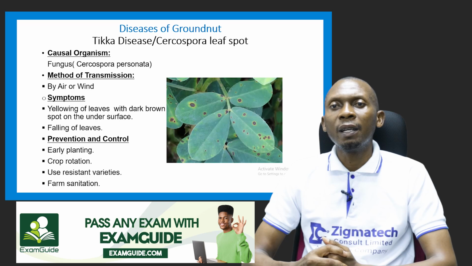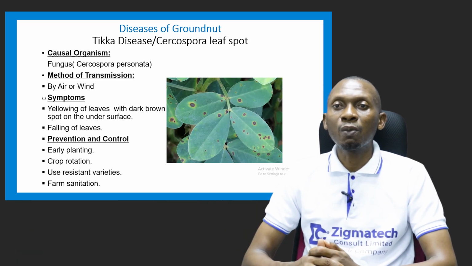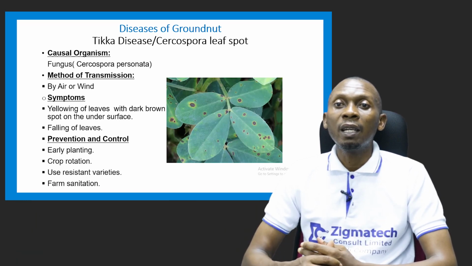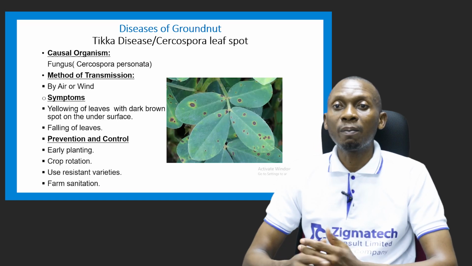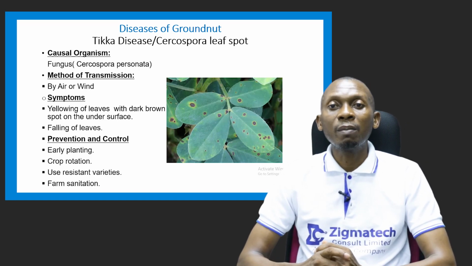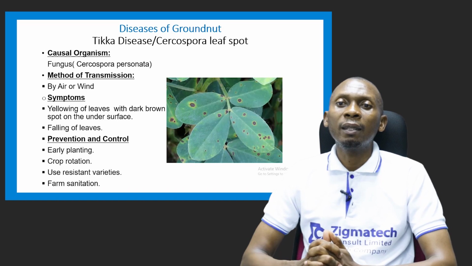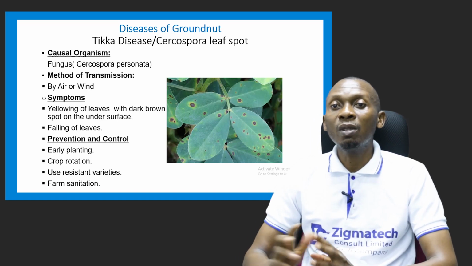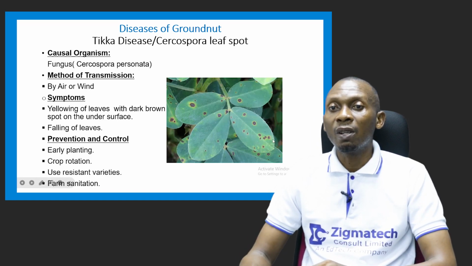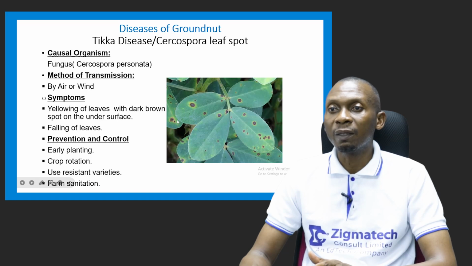Now we have tikka disease, which is also Cercospora leaf spot that affects groundnut. It's a fungal disease, Cercospora personata, and it's transmitted by wind or air. The symptoms here are yellow leaves with dark brown spots on the undersurface. You can see the leaves are yellow with some dark brown spots on the undersurface.